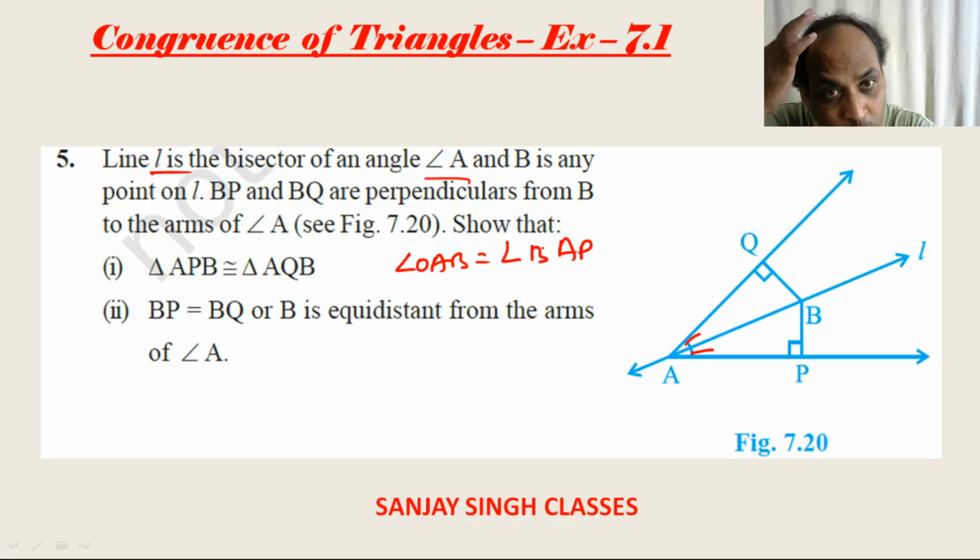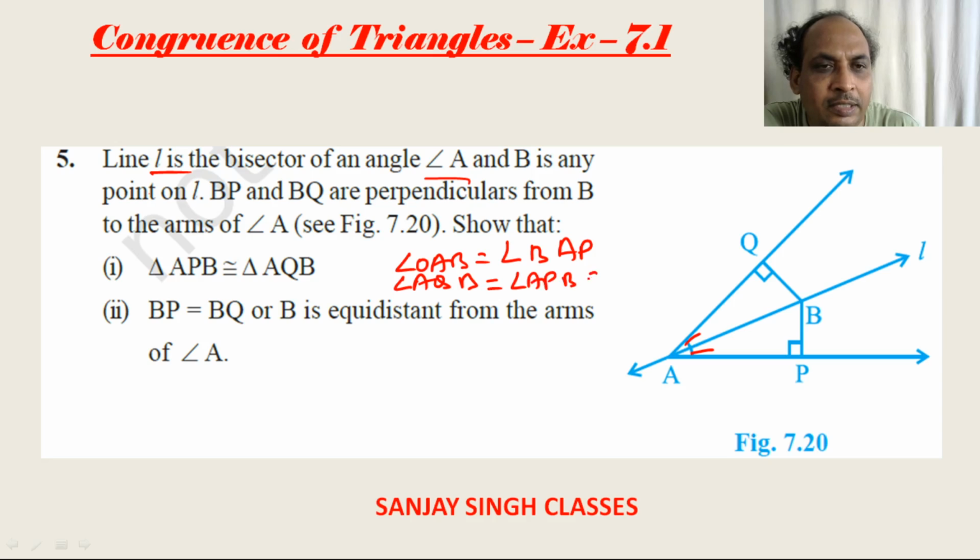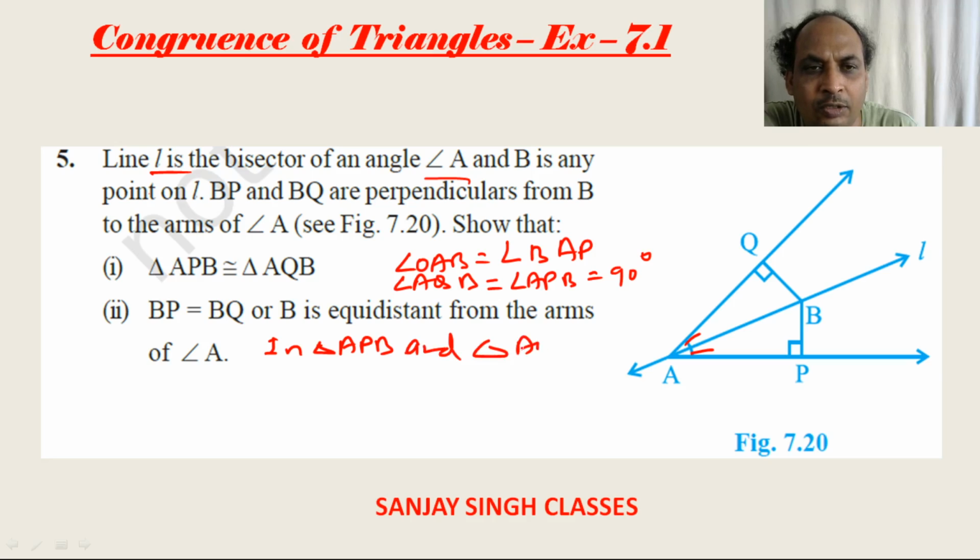Now BP and BQ are perpendiculars from B to the arms of angle A, means angle AQB is equal to angle APB is equal to 90 degrees. These two things are given to us. We need to prove triangle APB congruent to triangle AQB. Okay, let us see what we can do.